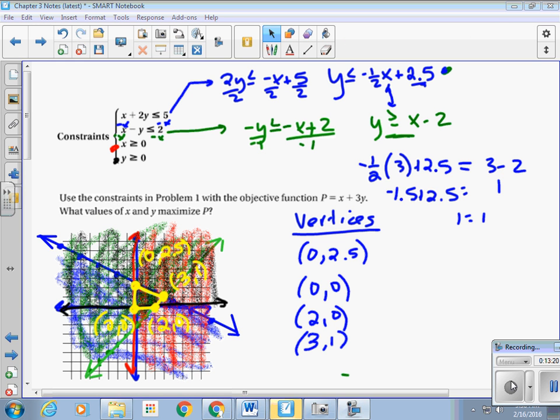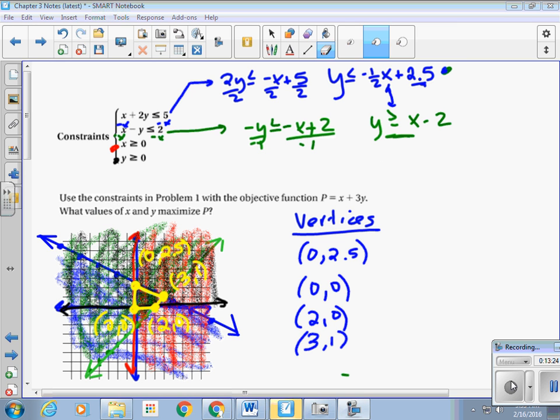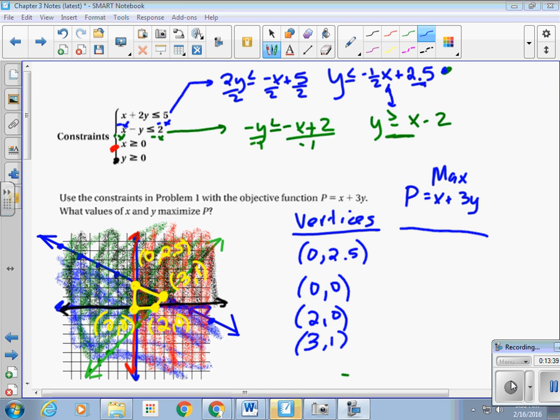So now I'm going to erase this real quick. Now I need to take a look at my objective function, and I want to maximize it. So I'm going to plug in 0 for x and 2.5 for y.